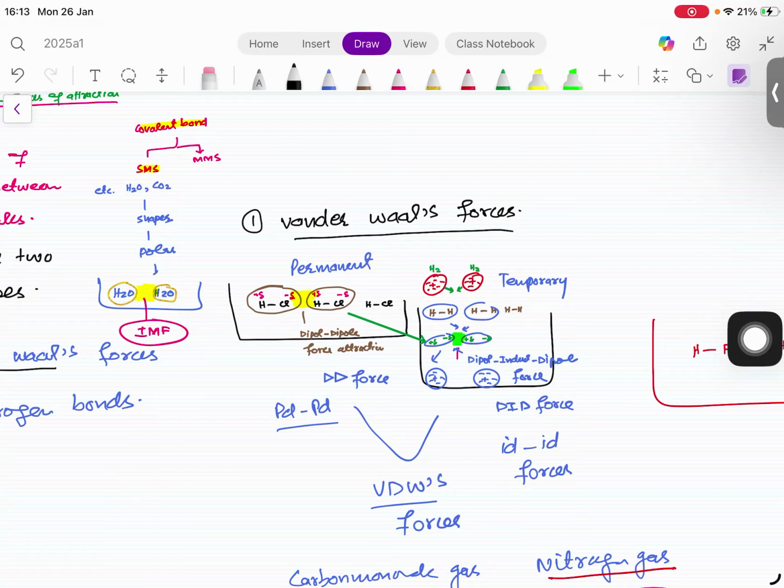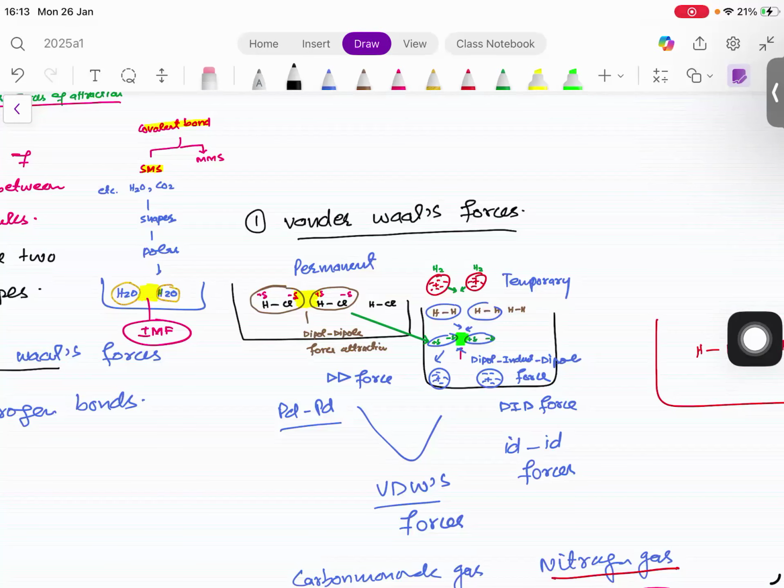If it is non-polar, the force is dipole-induced dipole. But polar molecules also have dipole-induced dipole forces, because their temporary dipoles are also induced. And the strength of DID depends on the number of electrons present in the molecule. The more electrons, the stronger the DIDs, which creates more force of attraction between the molecules.